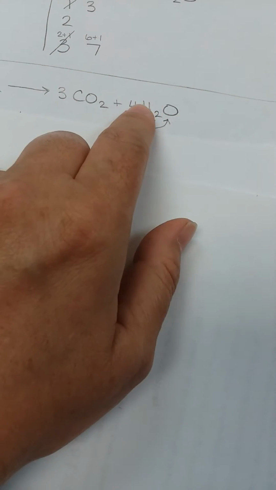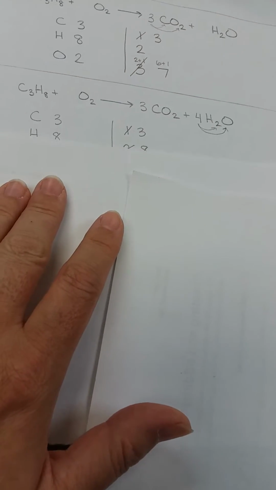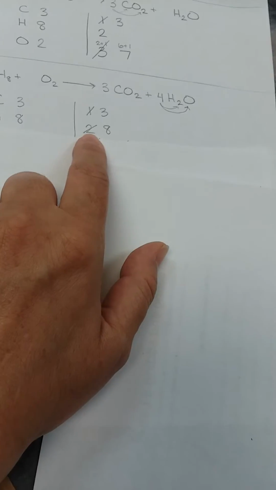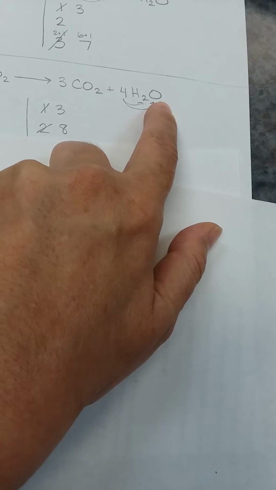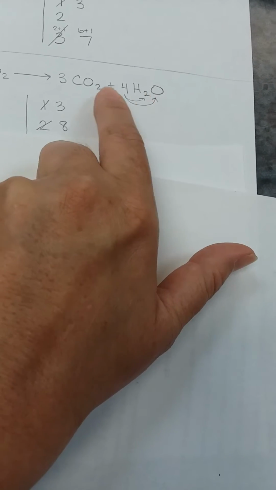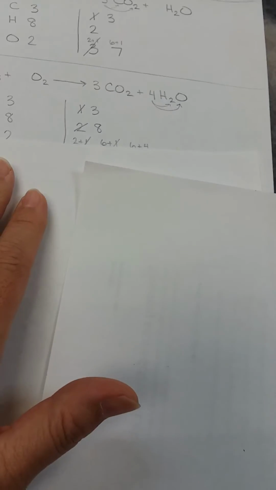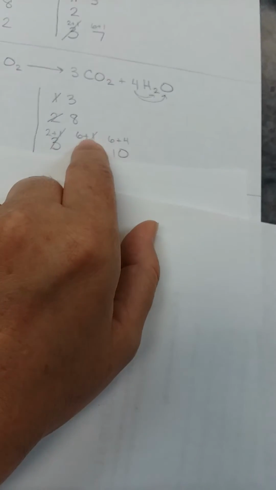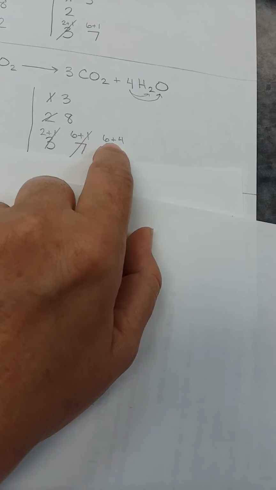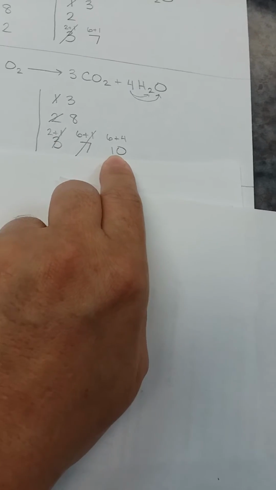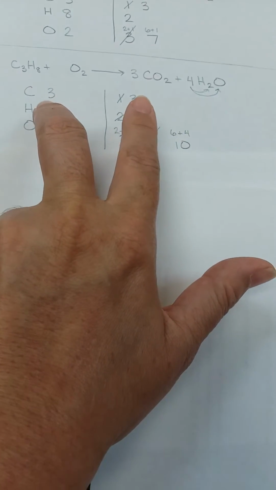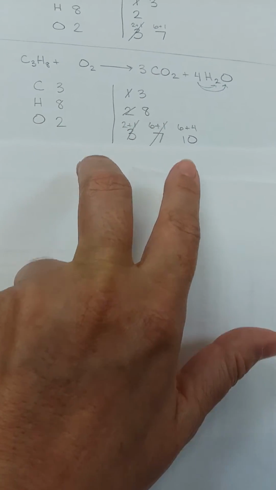So 4 times 2 is 8 hydrogens. I still had my 3 from before, and now I've got 8 here. And then 4 times the understood 1 is 4 hydrogens, and that's plus my 6 from before. So before I had 6 plus 1, now I've got 6 plus 4, and the 4 came from here. That equals 10. So now I'm balanced on carbon and hydrogen, but not oxygen.